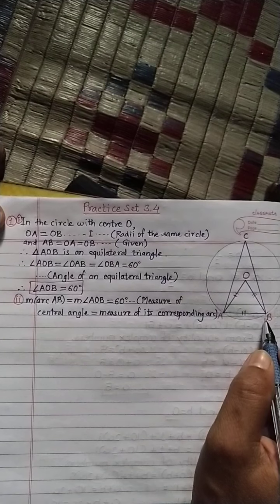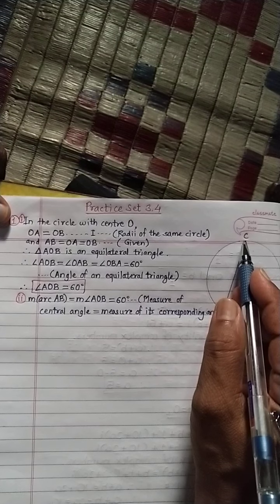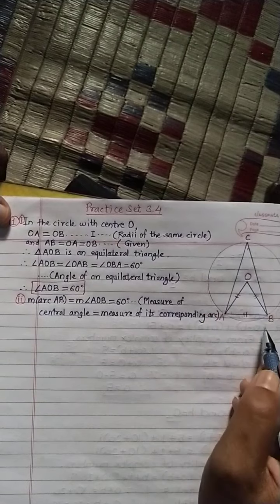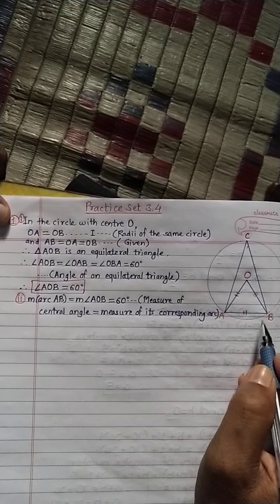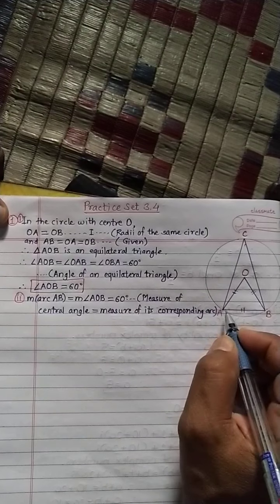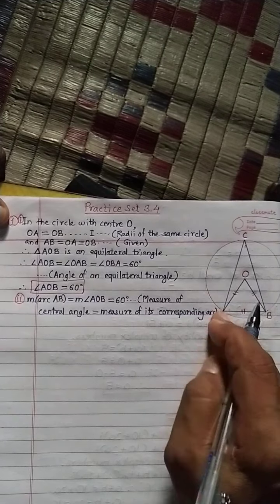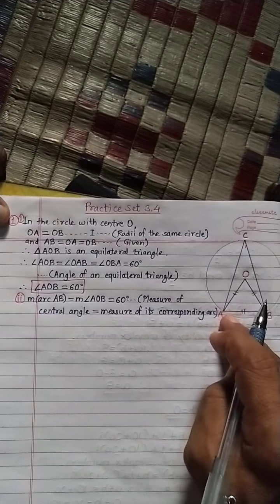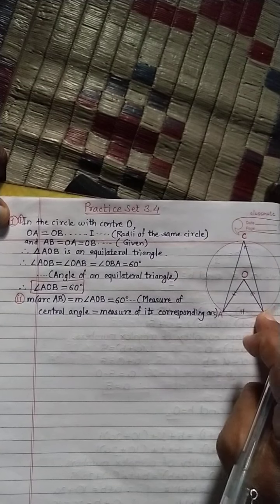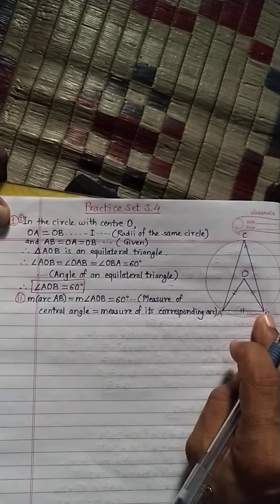Okay, now let us see the vertex C of angle ACB lies on the circle. So angle ACB is inscribed in arc ACB and intercepting arc AB.